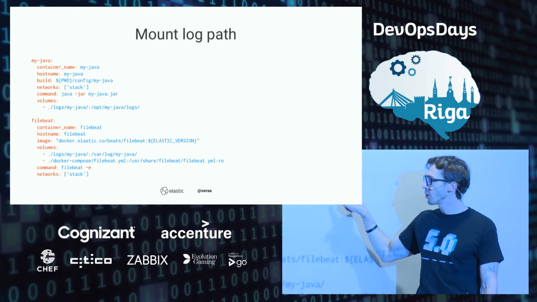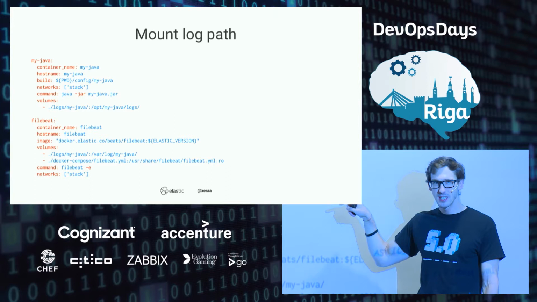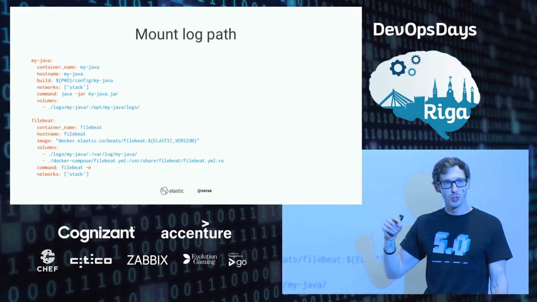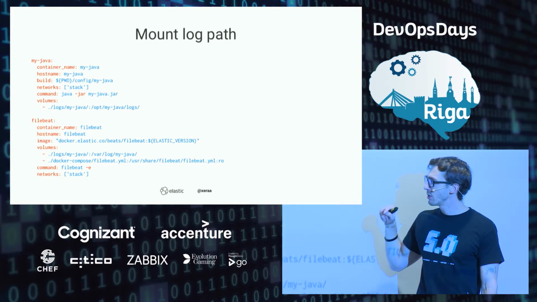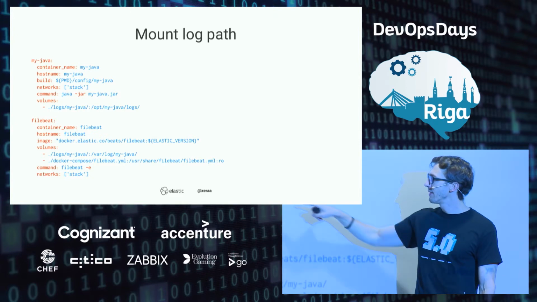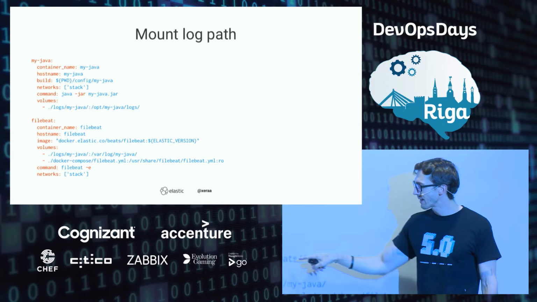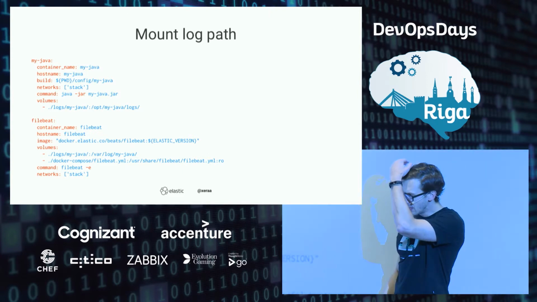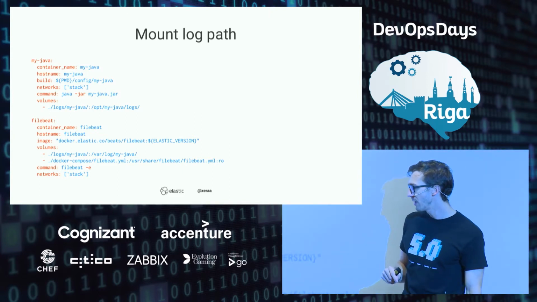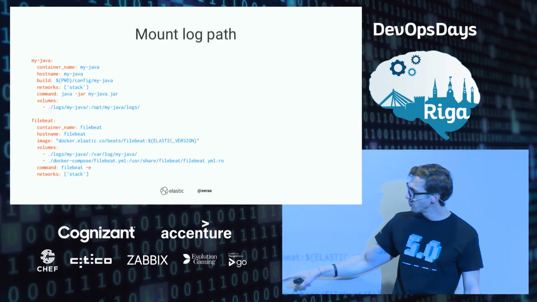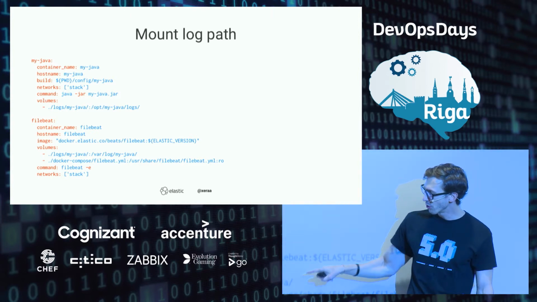So you write out your log file to a bind-mounted directory. This is especially for all the applications that don't write to system out, and they expect to write to a specific file. Then you could just mount that specific file, and FileBeat could then collect that log file. So you're basically mounting that log file into the sidecar and collecting it from there.